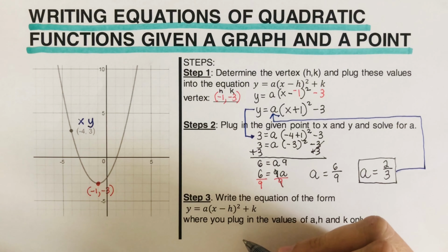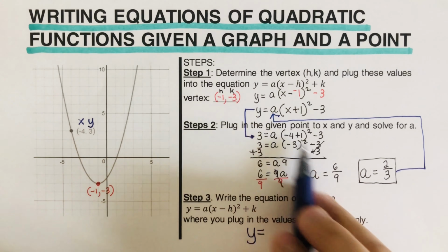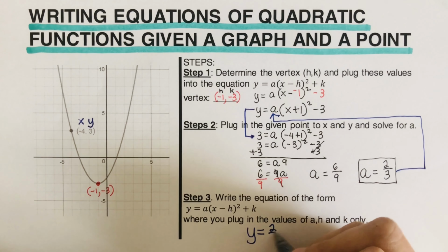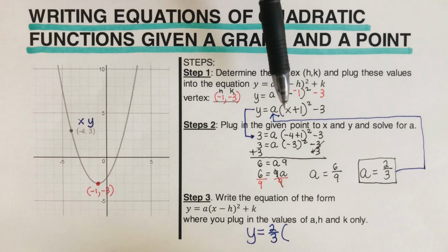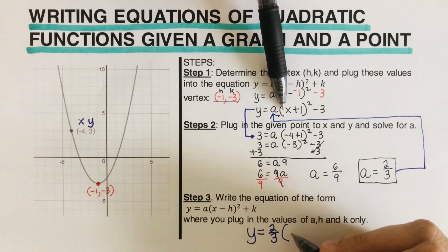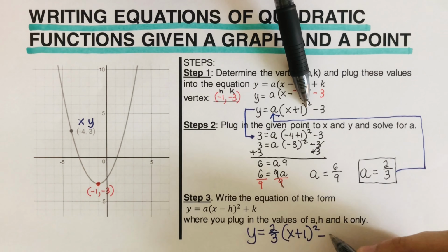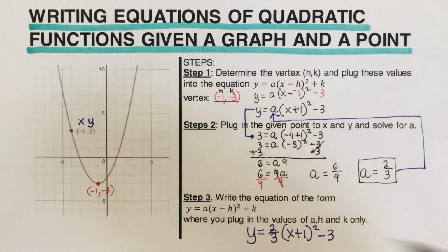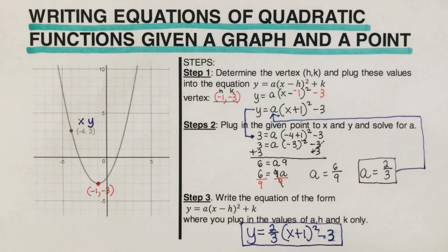So our final equation is y is equal to 2 over 3 times (x plus 1) squared minus 3. So this is our equation for this graph right here.